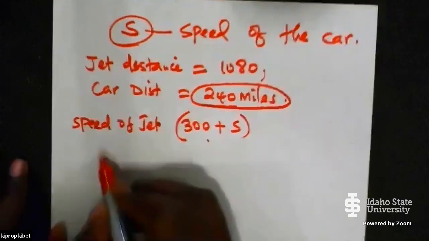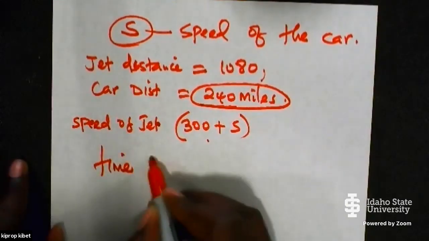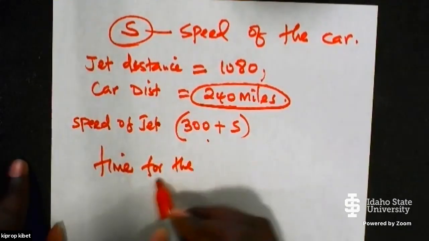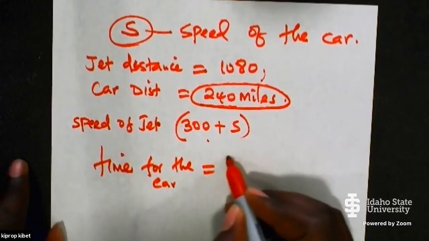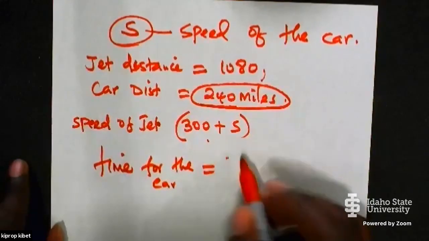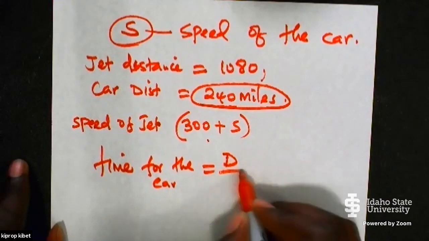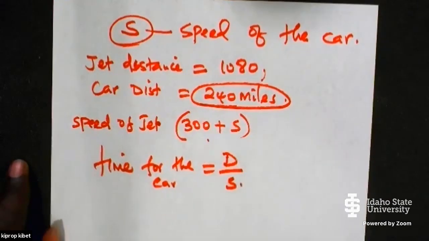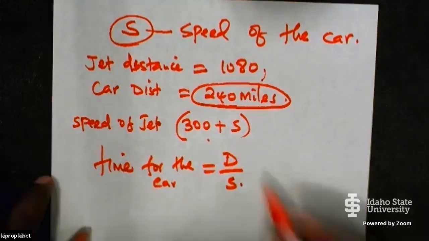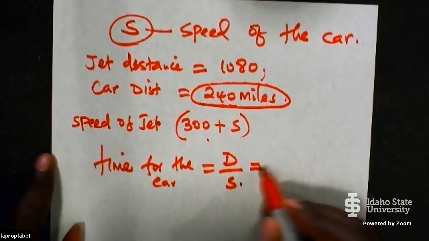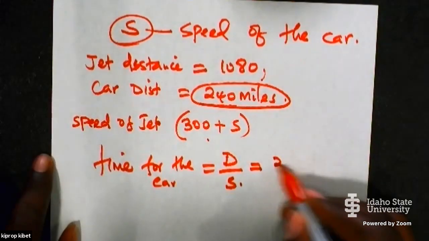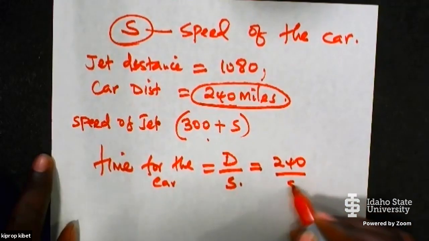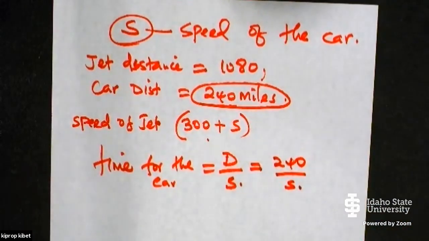The time for the car equals distance over speed, right? Distance over speed. The distance for the car is 240, all over the speed, which is S.